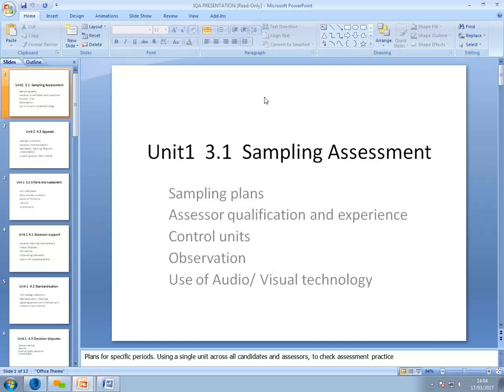Some of those overlap into the other units, as I've said before, but if you use Unit 1 as a sample to see that the assessors on that particular unit are assessing the same way and to the same standard during any standardization, that can be classed as a control unit. In other words, if everybody is assessing the same way and to the same standard, it's more than likely it's going to cross units.